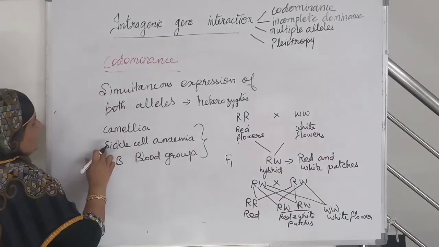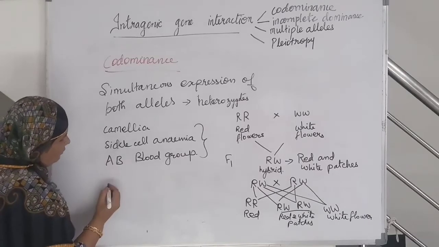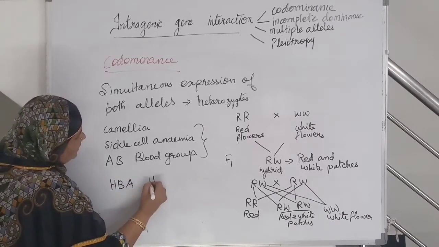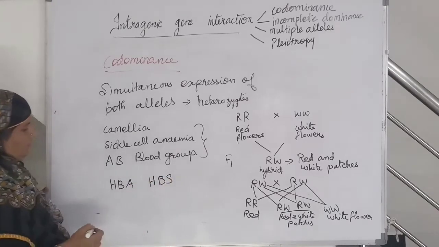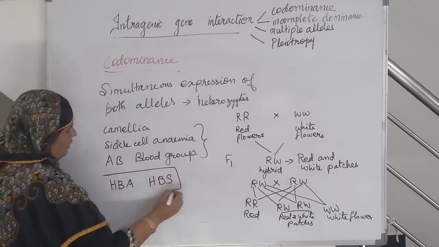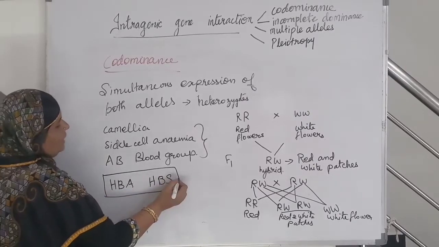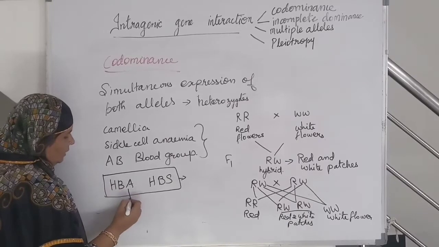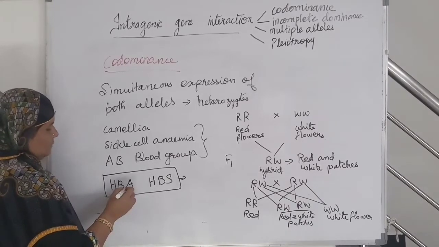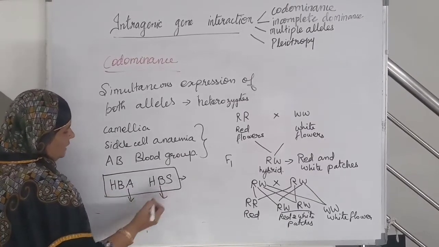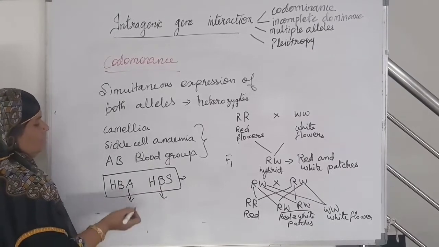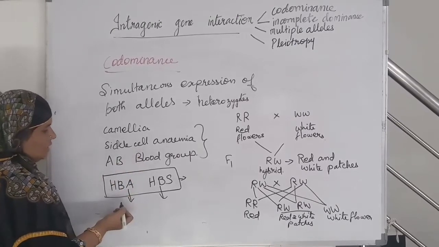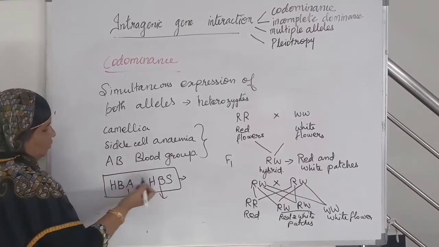Another example is sickle cell anemia. The genotype for sickle cell anemia is HbA HbS. This is the genotype for the persons who have sickle cell anemia. Here the A allele expresses its character, and the HbS allele also expresses its character. The sickle cell anemic patient receives both alleles.